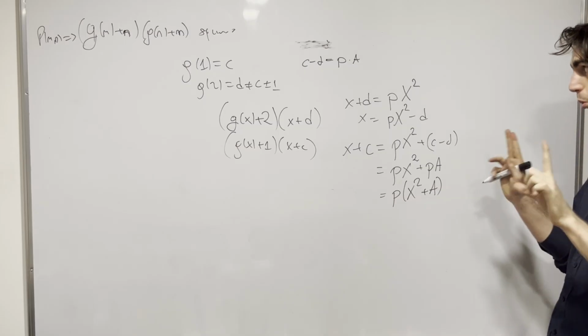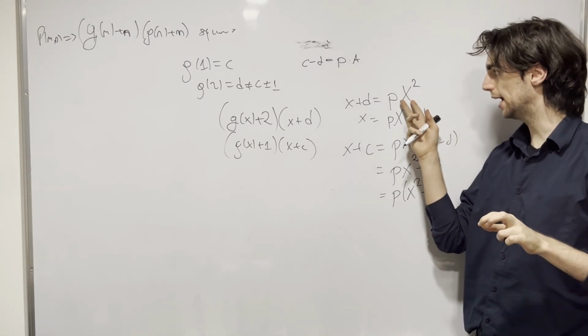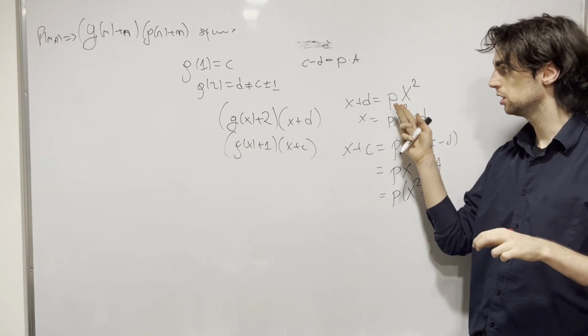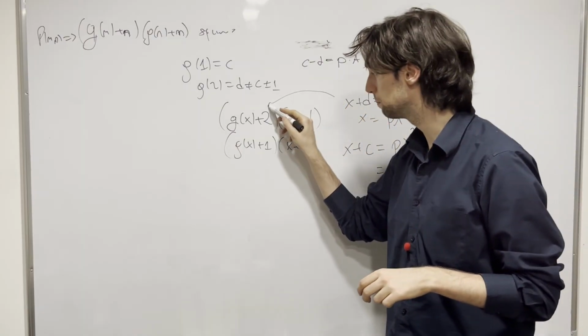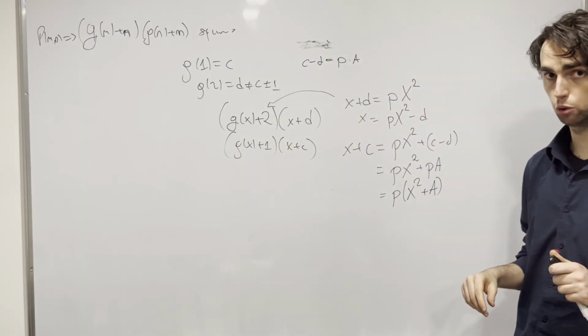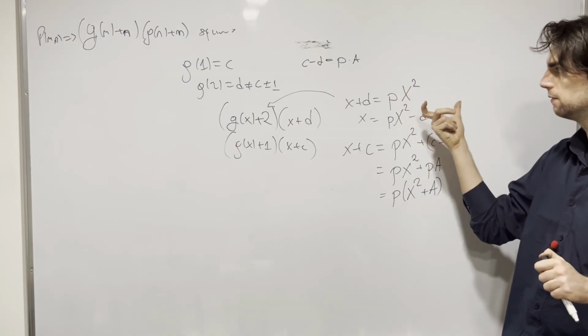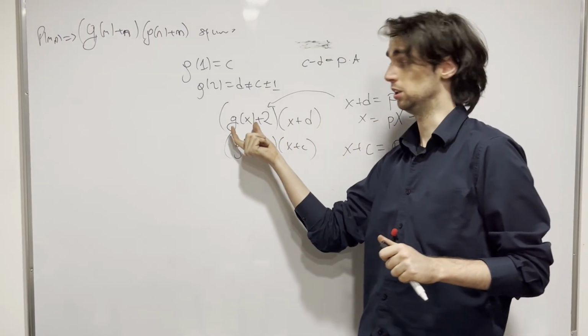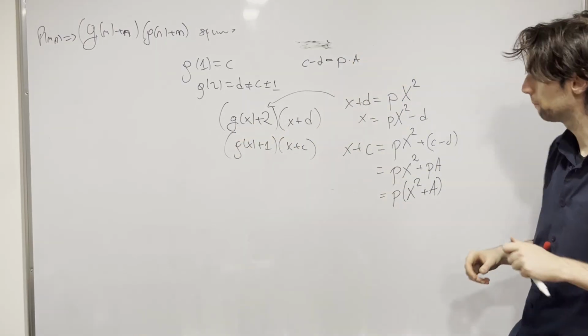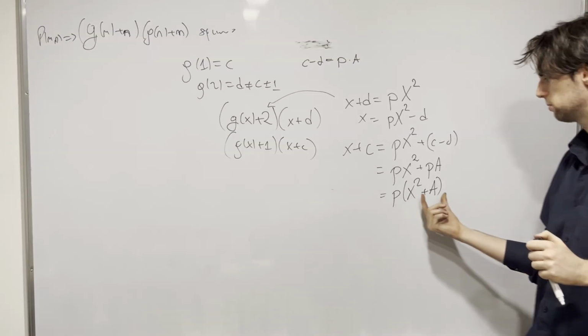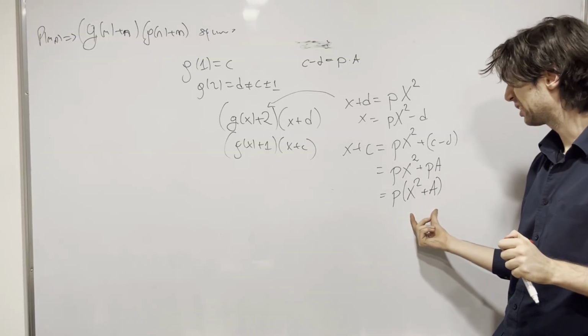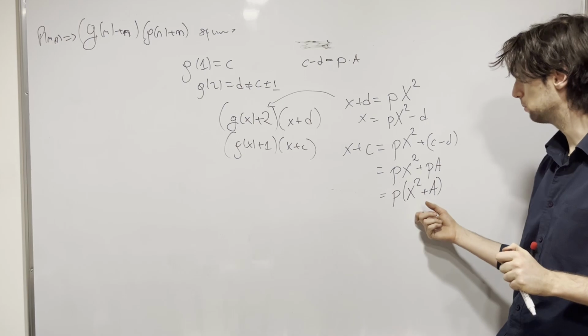Now, also what's important to note here, if x is divisible by p, from here we still have that p divides g of x plus 2, because it's an odd prime power that divides x plus d. And for this one, can we always plug in an x?